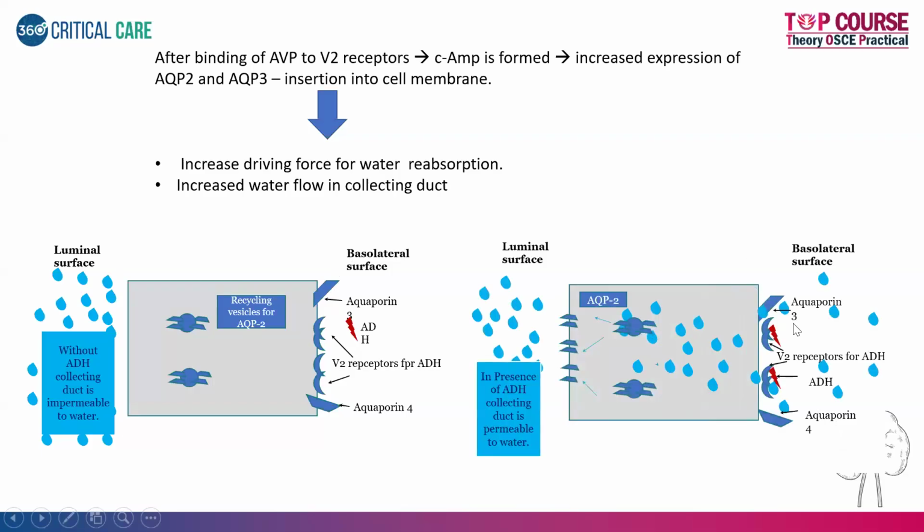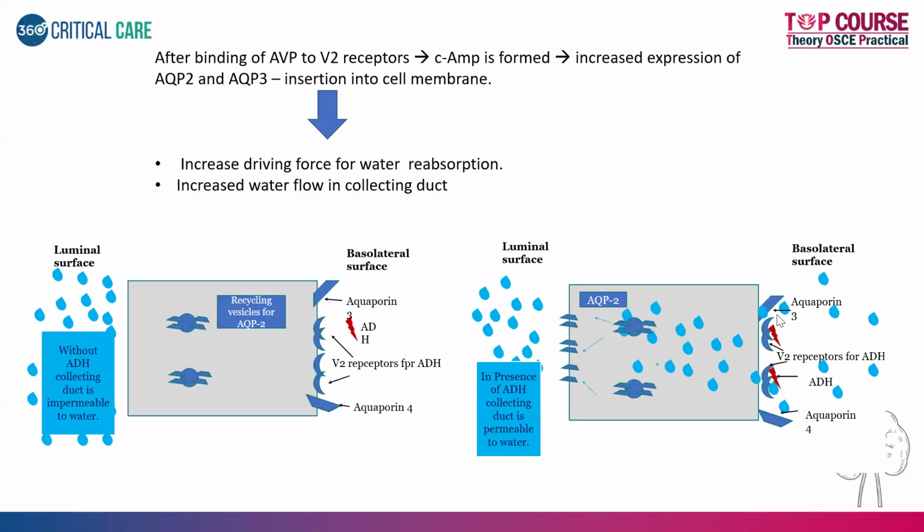This causes translocation of the aquaporin channels to the luminal surface, because of which you can see this water. Here there is no movement, right? So you can see here there is movement of the water into the basolateral surface, and then it can get reabsorbed. Okay, so this is how arginine vasopressin causes the activation or retention of water into the body.